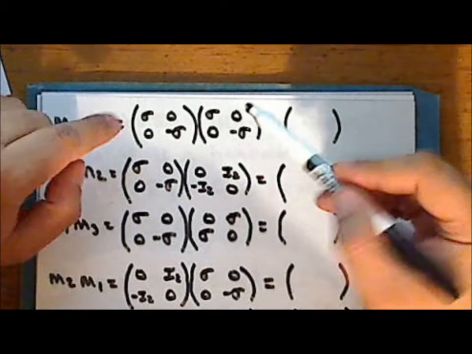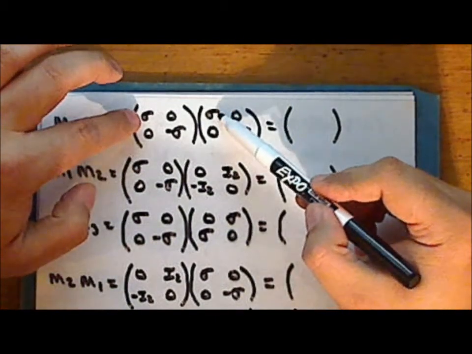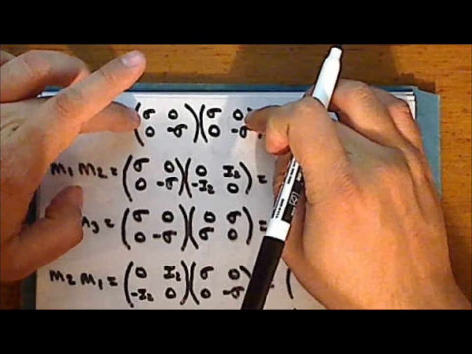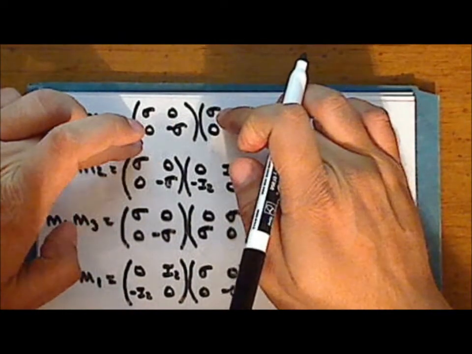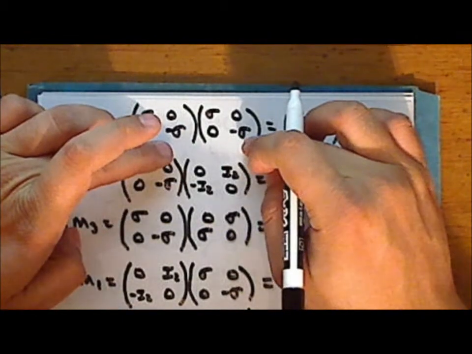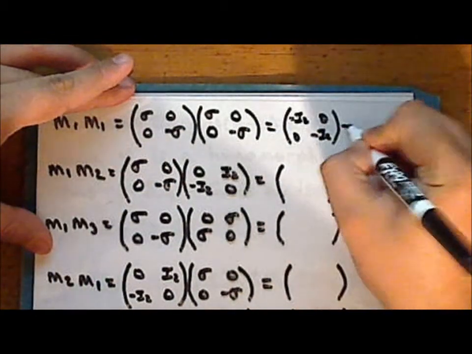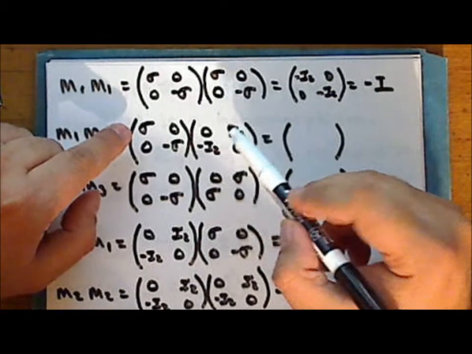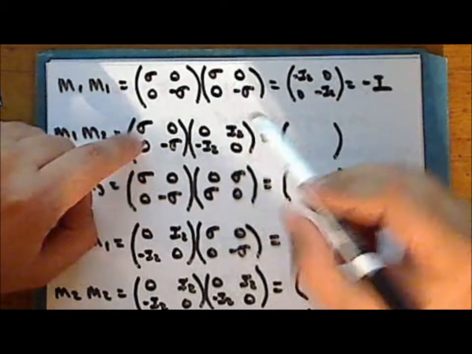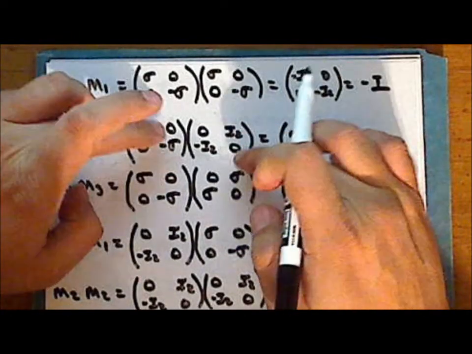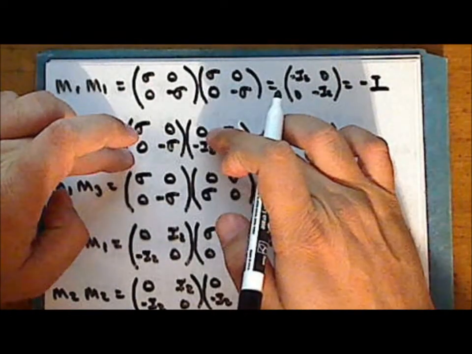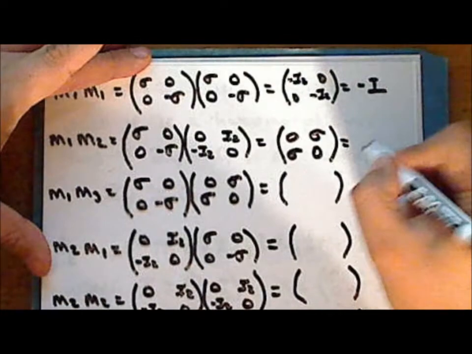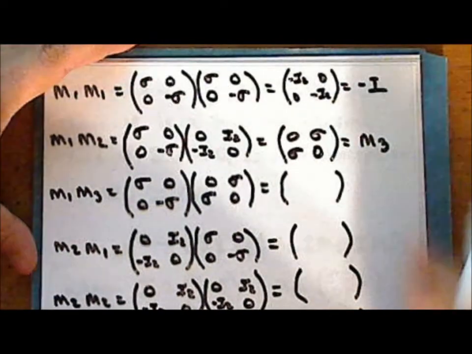M1 times M1 is the matrix with entries sigma squared plus 0, which is negative I sub 2, 0 plus 0, 0 plus 0, and negative sigma times negative sigma, which is negative I sub 2, and this is negative I. M sub 1 times M sub 2 is the matrix with entries 0 plus 0, sigma plus 0, 0 plus sigma, 0 plus 0, and this is the matrix M sub 3.